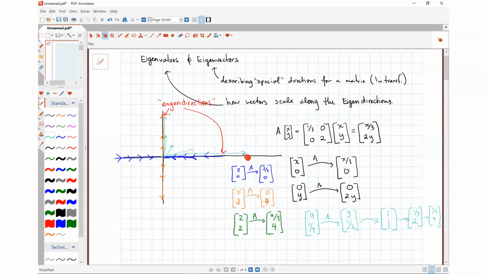At the same time, the y components are getting stretched away from the x-axis. There's like a 100% chance that I'm going to make a complete mess of my picture by doing this, but I'm going to try anyway. I have this nice arc that your system follows as you iteratively multiply. This one direction is shrinking things down to zero, and this other direction is pulling things away from zero.